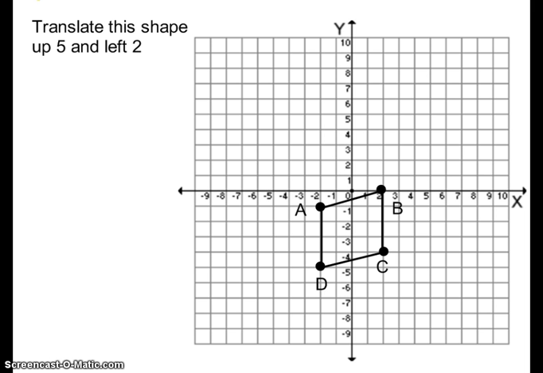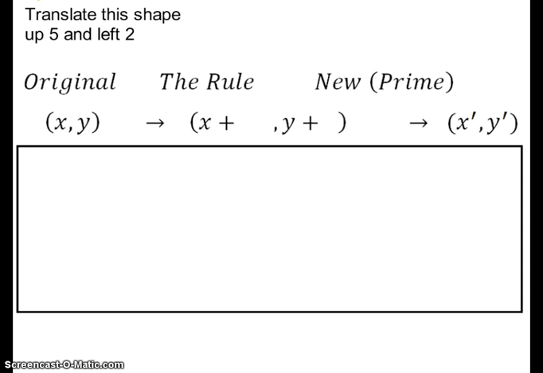Let's try it again. Translate this shape up 5 and left 2. The first thing you have to do is write the rule. That's always the first thing that I try to do, is write the rule. So there's the rule. Then I start looking at what it's telling me to do, and it says up.